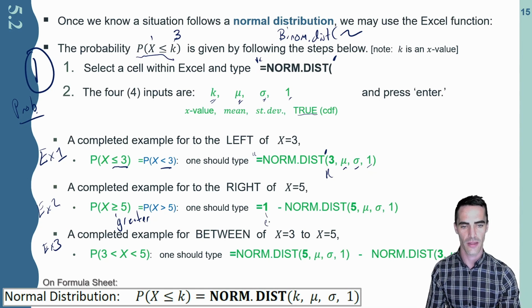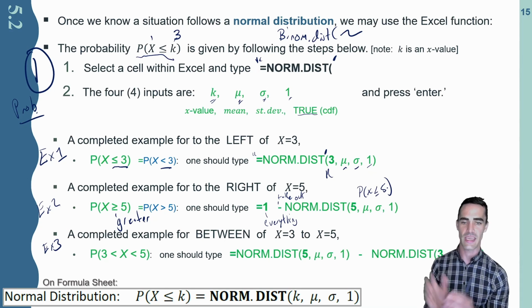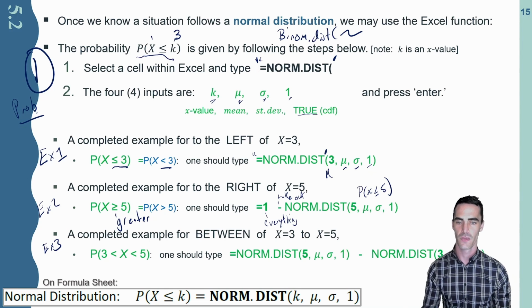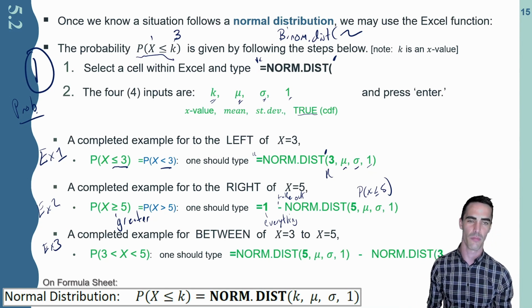So I take 1, that's everything in the whole wide world as far as probability is concerned, and then I remove normal.distribution of 5, the probability that x is less than or equal to 5. I take out that less than, and that'll give me that greater than. This is a term of complement. So when you see less than, go in directly, boom, you got it. If you see greater than, okay, we just have to do the 1 minus trick.